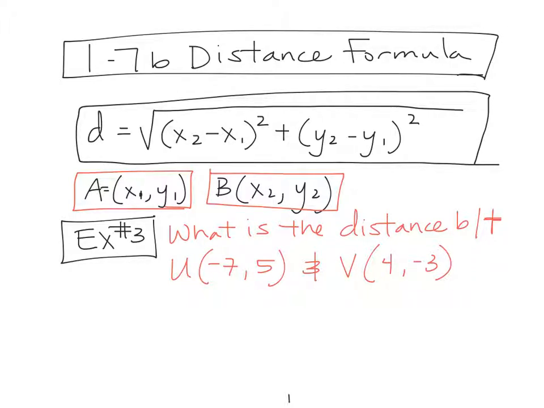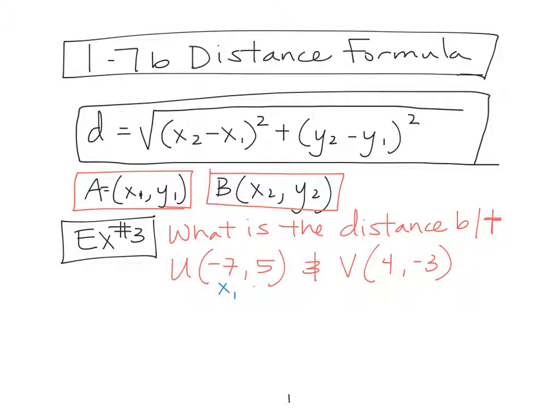So let's say for you, if negative 7 is our x1, then what number is our y1? 5, 4, or negative 3? If negative 7 is x1, y1 would be 5, right?